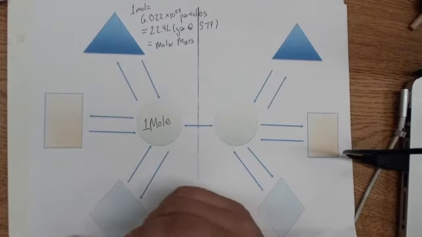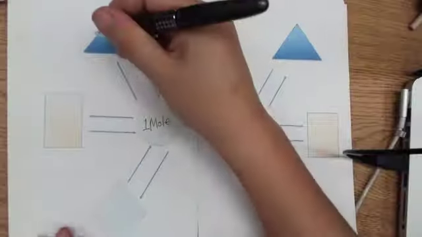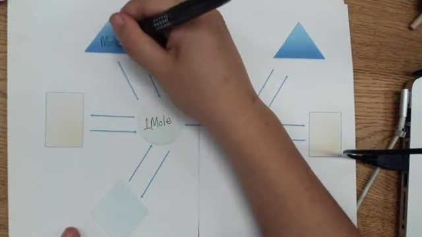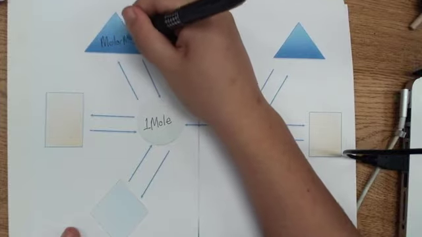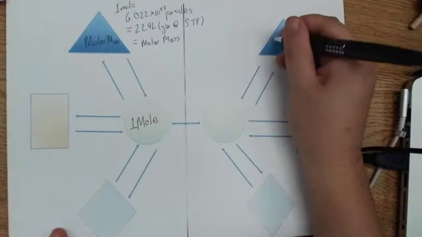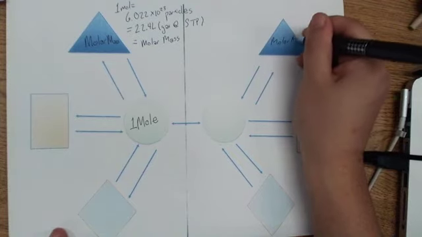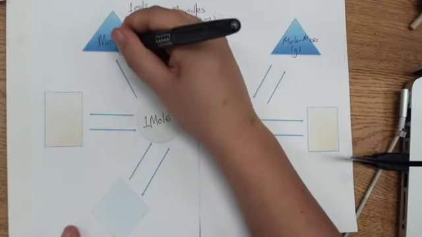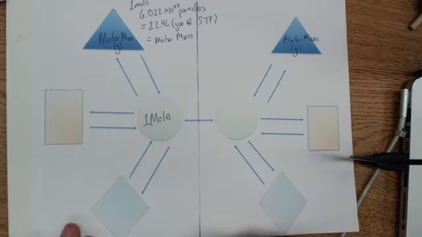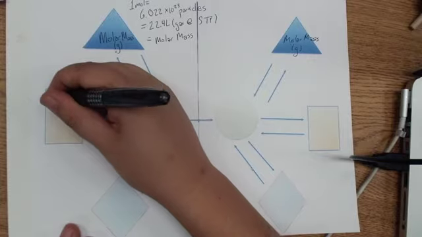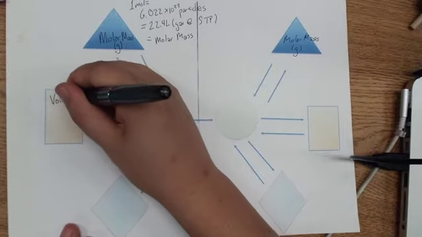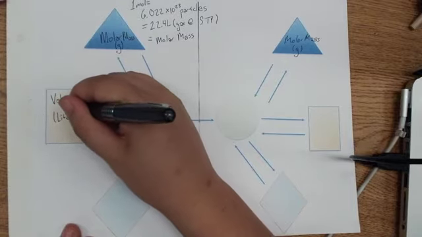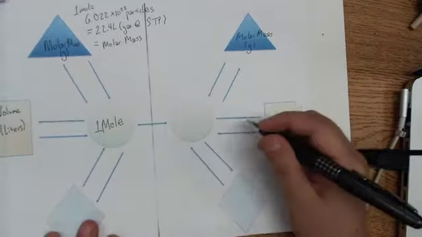This is kind of our introduction to stoichiometry here. Okay, so let's say my blue represents mass, which is always going to be in grams, hopefully. Or it can be in volume, which is in liters, or some derivative thereof.